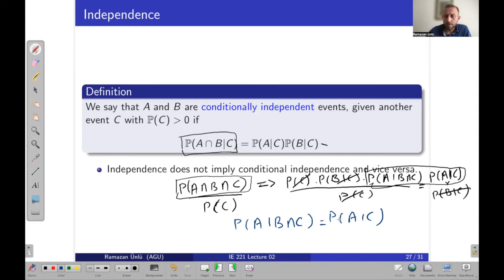The right side is the probability of A given C, and this part is the probability of A given B intersect with C. So the occurrence of B didn't change the probability of A. Okay, this is important. The occurrence of B didn't provide any piece of information, so it didn't change the probability of A. So that's why, if this equality is true, we can say that these events are conditionally independent. Okay, so let's continue.